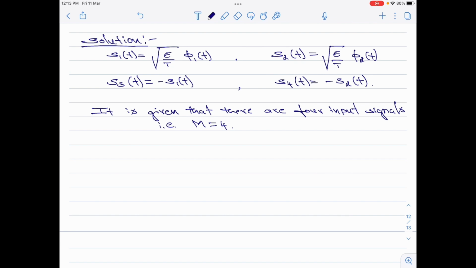Also, it is given in the numerical itself that each of these signals are expressed in terms of 2 basis functions. Therefore, the total number of basis functions is 2.